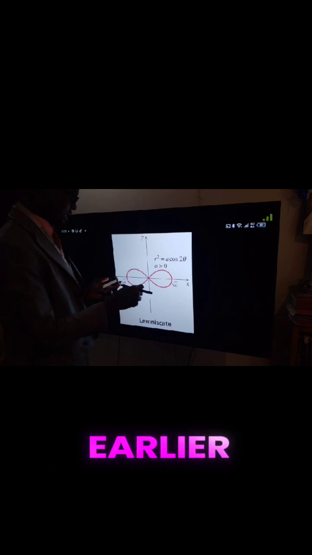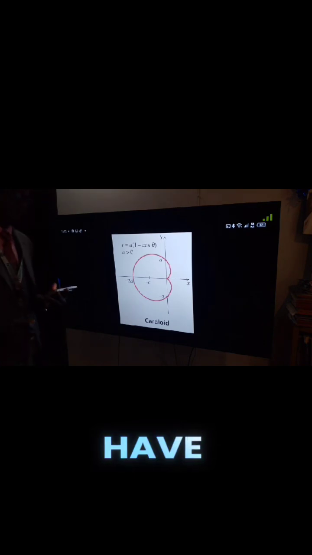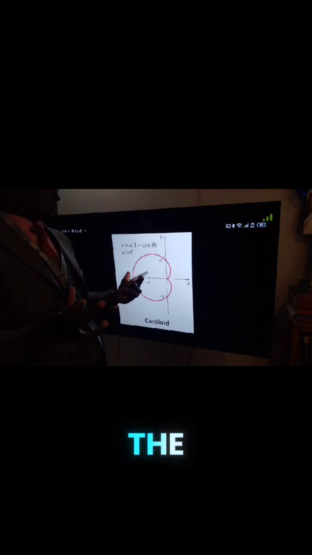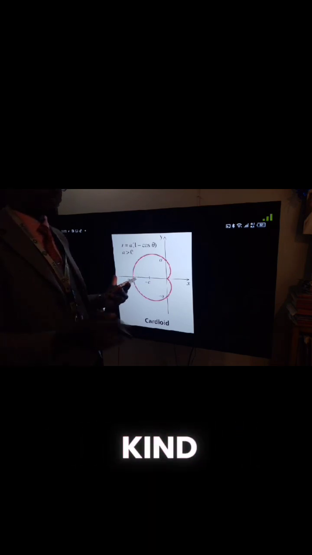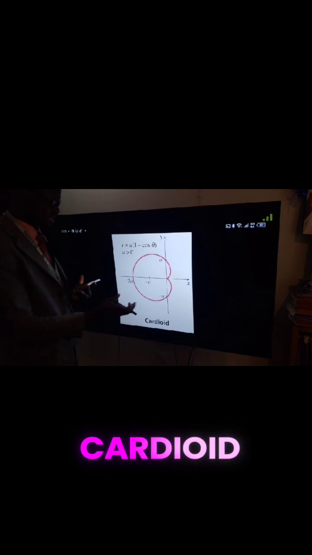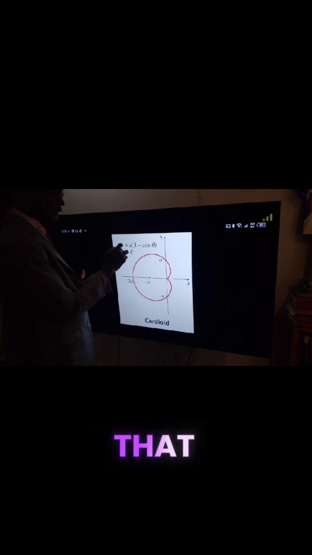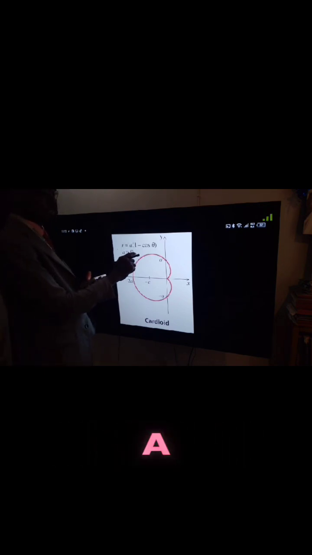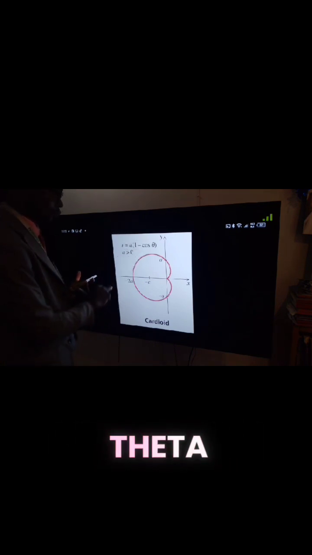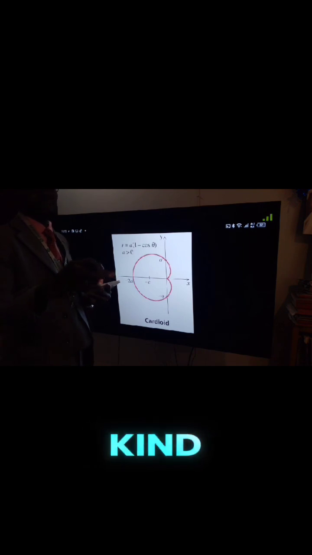We have earlier on looked at this graph. So we have a cardioid, like the heart. It is a kind of apple shape. A cardioid is a function and a graph that shows that r equals a times (1 plus cosine of theta), where a is greater than 0, and it is good you know all these kinds of graphs.